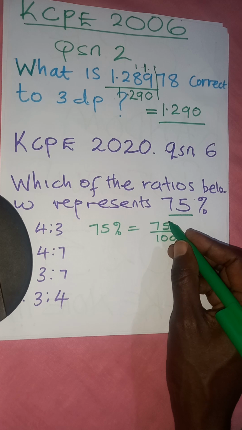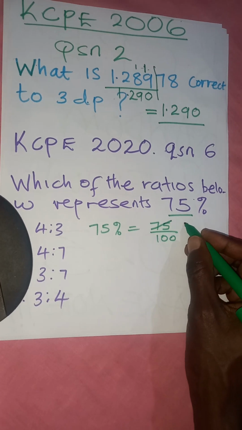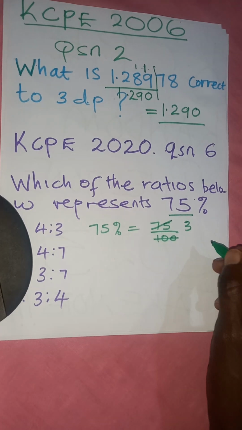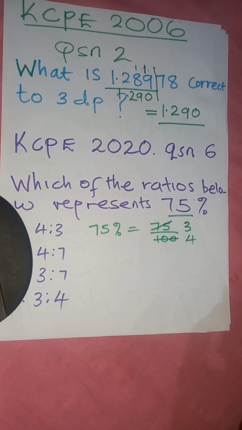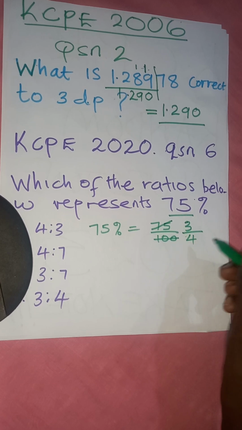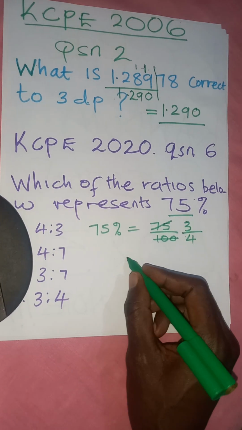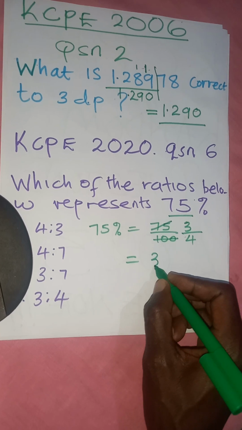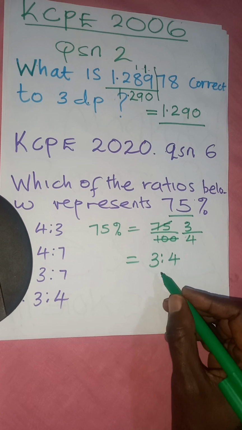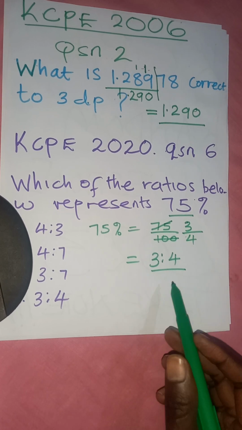So you can divide by 25, get 3. 100 divided by 25, you get 4. So as a fraction it is 3 over 4, which is 3 quarters. In ratio form, it becomes 3 is to 4. So the answer for that question is 3 is to 4.